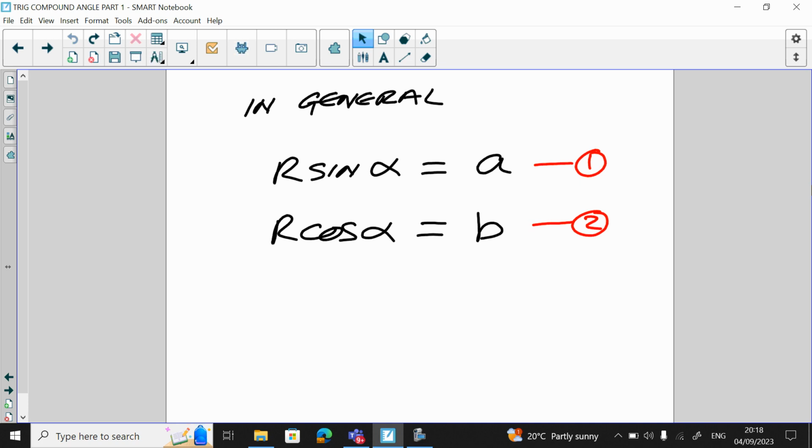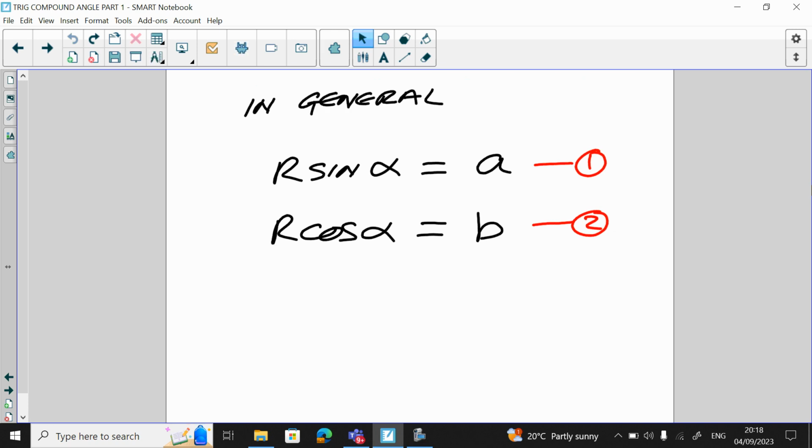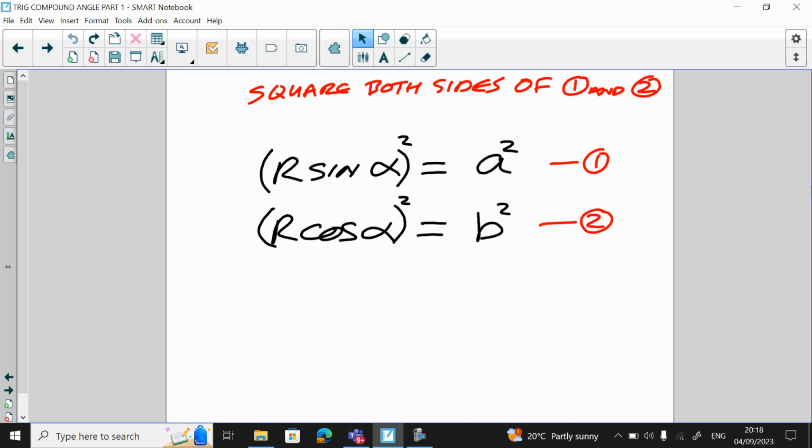So here we go. We always ended up at this stage here. R sin alpha and R cos alpha is A and B. What I do to one side, I'm allowed to do to the other. So I'm squaring both. Well, technically I'm not really allowed, especially if something's negative on the other side, but we can get away with it here.